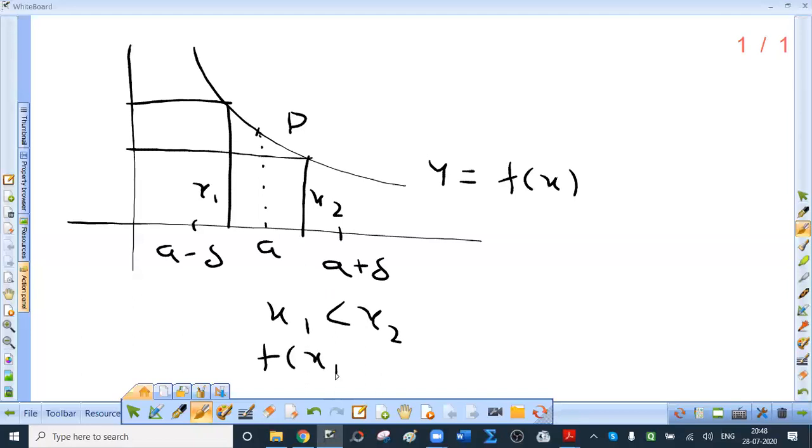You will notice that f of x1 is greater than f of x2. Okay. So in that case, we say that function is decreasing. Now here the function is strictly, that is monotonically decreasing, but in some cases, though x1 is less than x2, f of x1 can be equal to f of x2. So in that case, we do not say that the function is strictly decreasing.